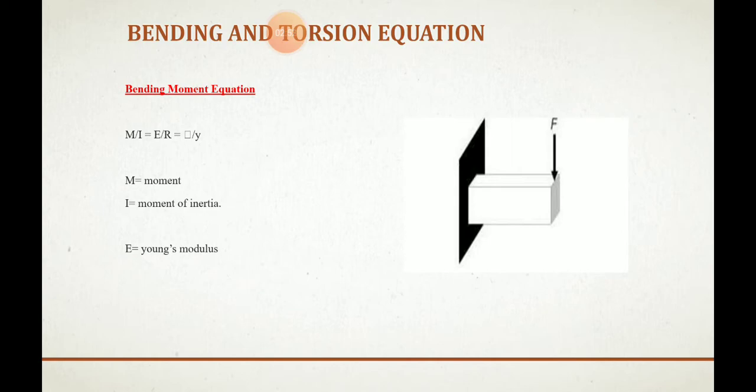E is the Young's modulus, that is Newton per mm square. R is the radius of curvature in mm. Y is the distance from the central axis, and sigma is the bending stress induced in the beam or any material. This is the bending equation.